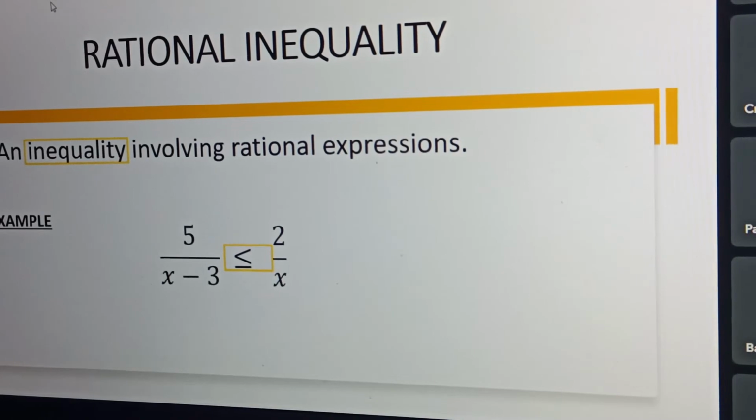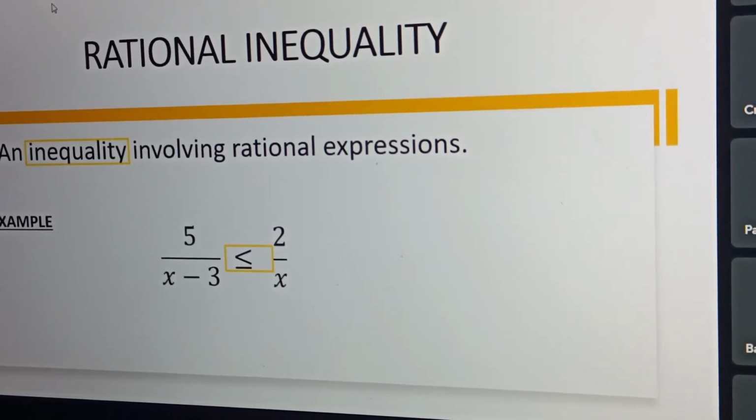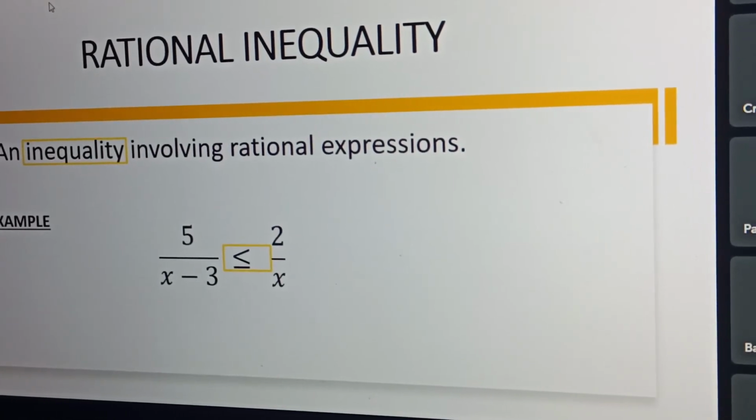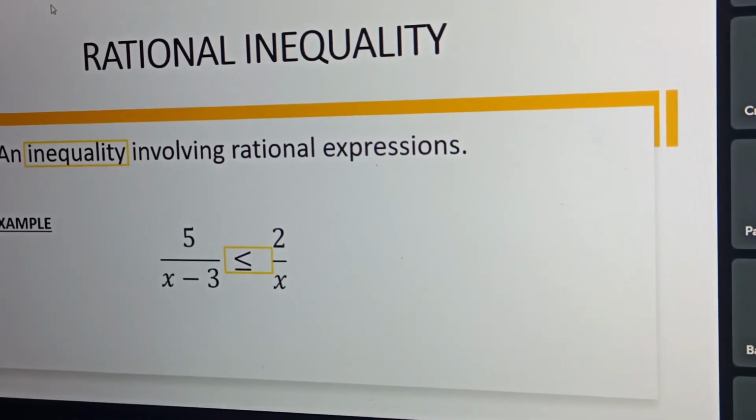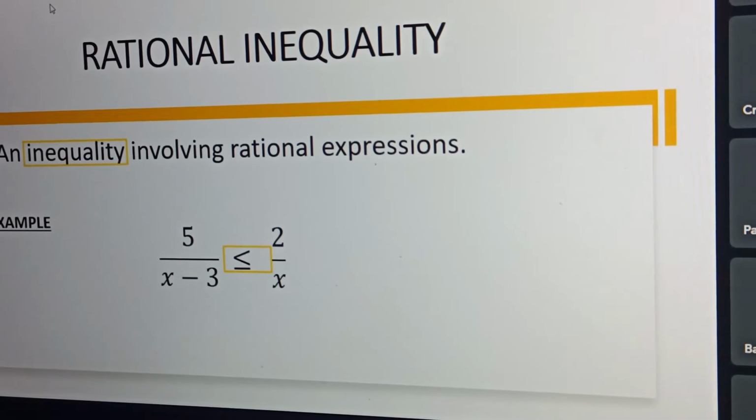Okay? So, ano nga ba dapat ang mga symbol na makikita natin sa rational inequality aside kay less than or equals to? Anyone? Yung mga not equal sign? More than po. Okay, that's correct. Or greater than, okay? Greater than. How about the others? Ano pang pwede?